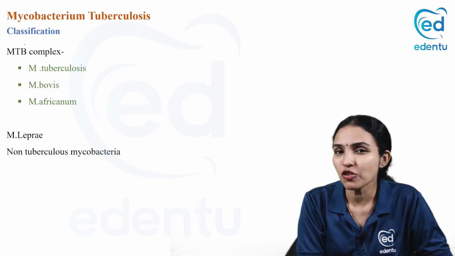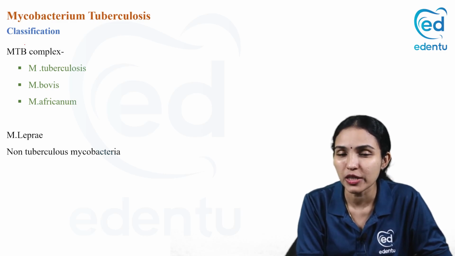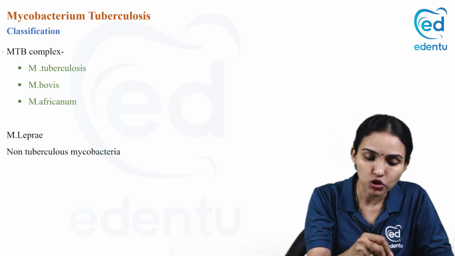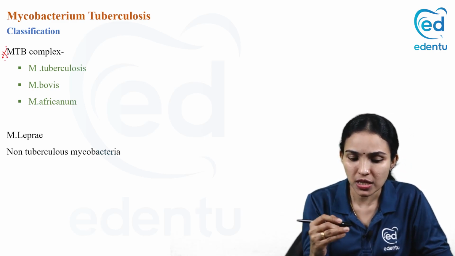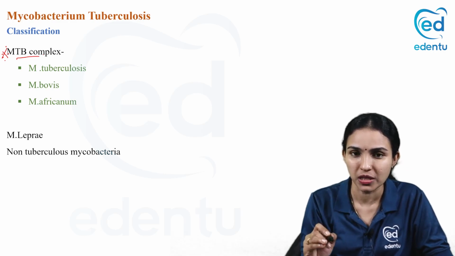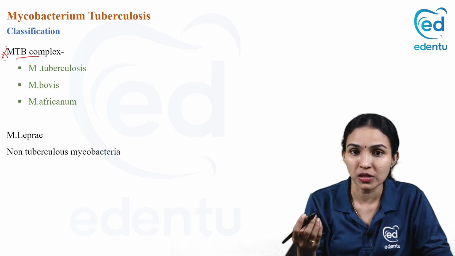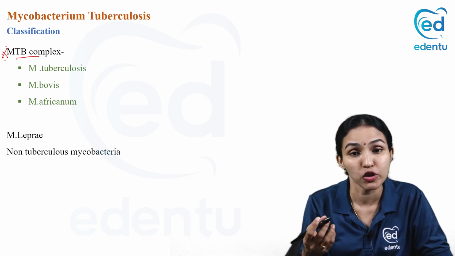Classification of Mycobacterium was a previously asked question. So how will you classify Mycobacterium? It can be classified basically into the Mycobacterium tuberculosis complex, whose members share similar properties in the appearance of the organism, in microscopy, in culture, and in biochemical reactions.